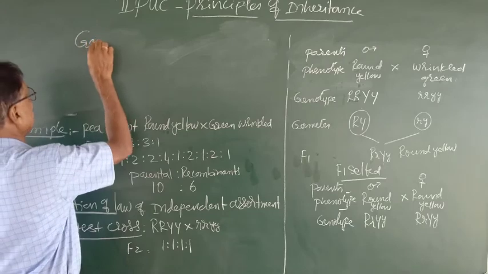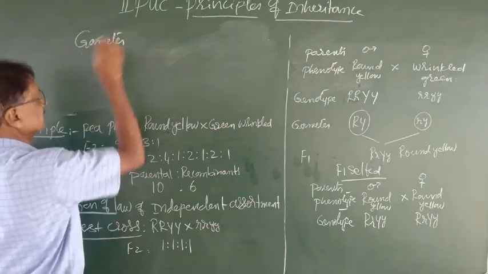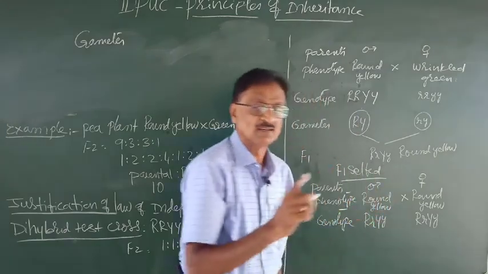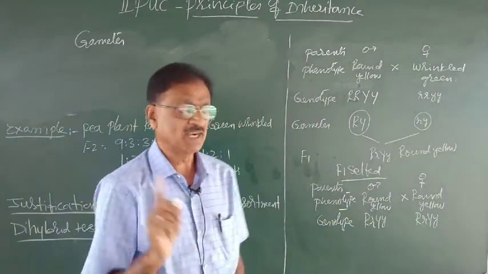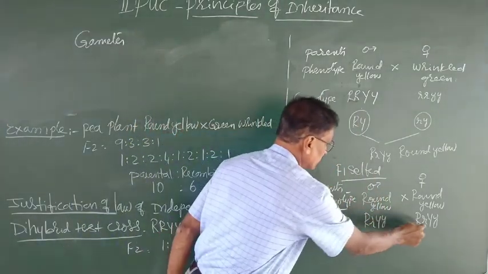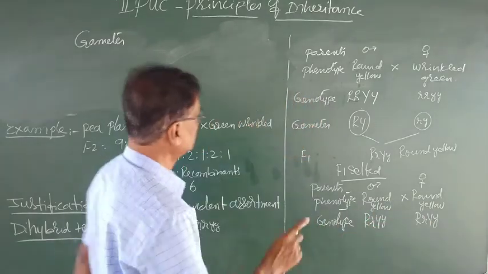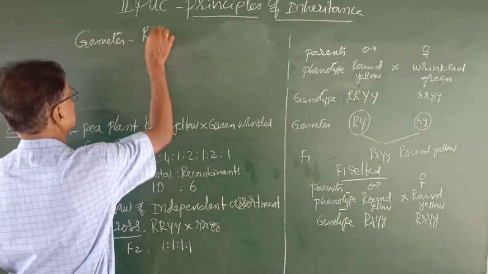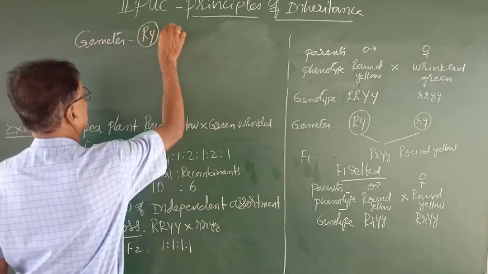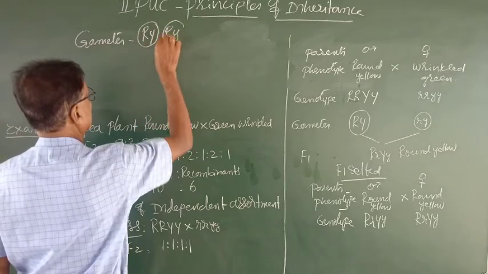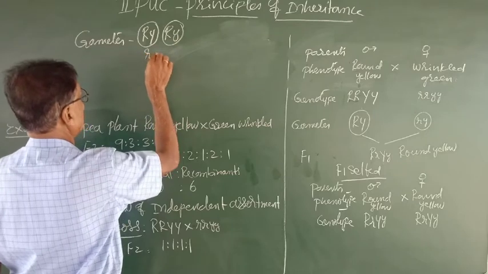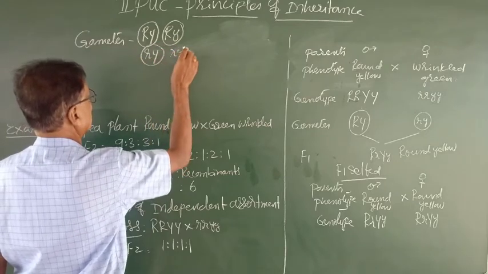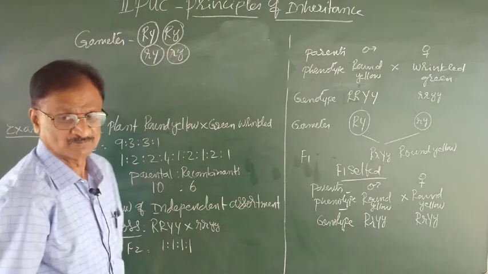How many types of gametes are produced here? There are 4 possible types of gametes from each plant. Which are those? They are capital R, capital Y, capital R, small y, and then small r, capital Y, and then small r, small y, like this.